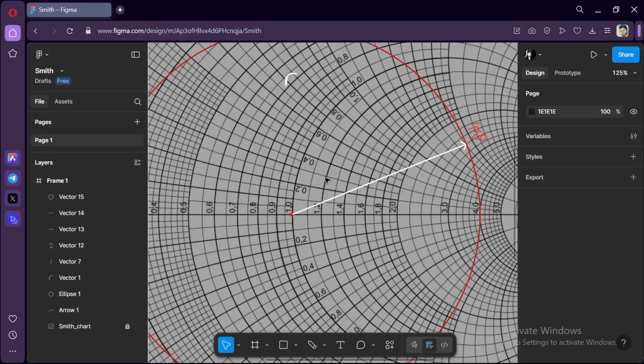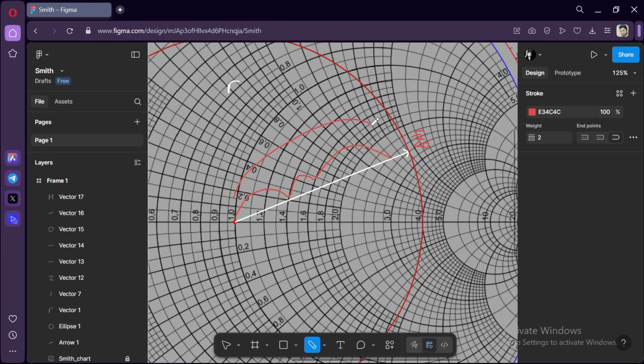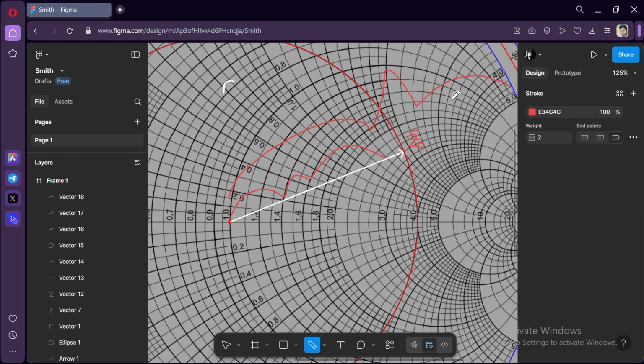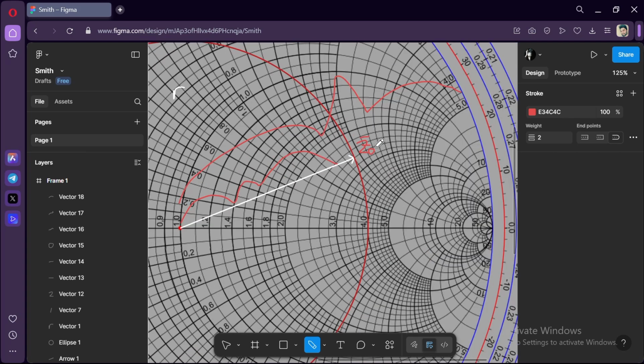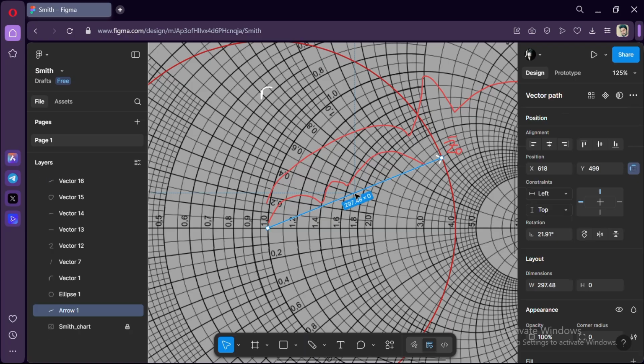Now we are looking for this reflection coefficient. So as I told you before, the length of this one, and we need the length of this one. So we need these two to find it. Okay, we know the length of this in pixels. What was it? Let's say 297.